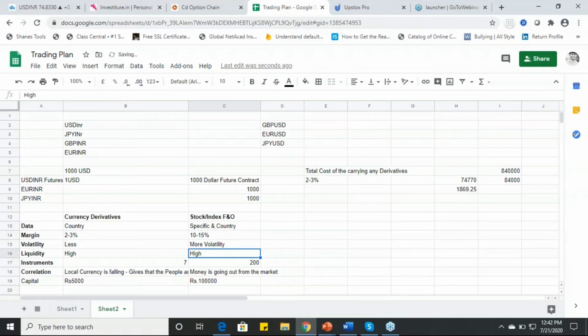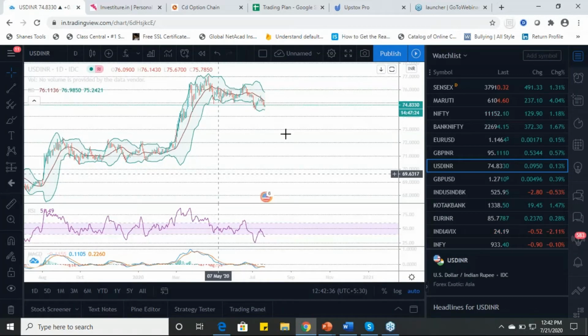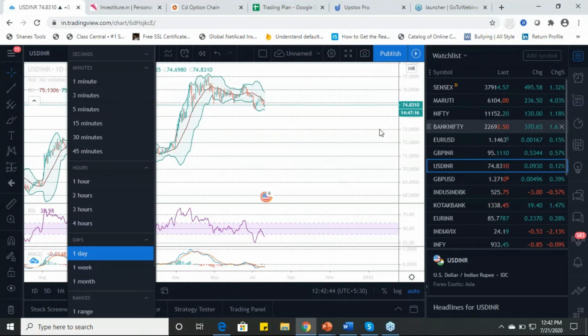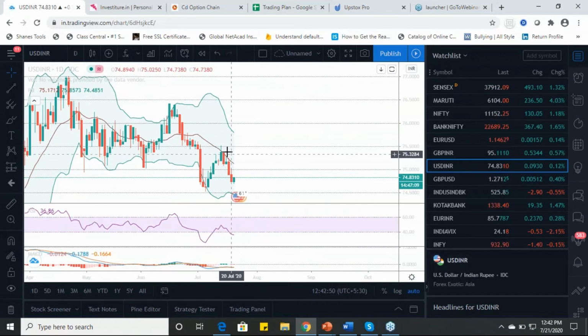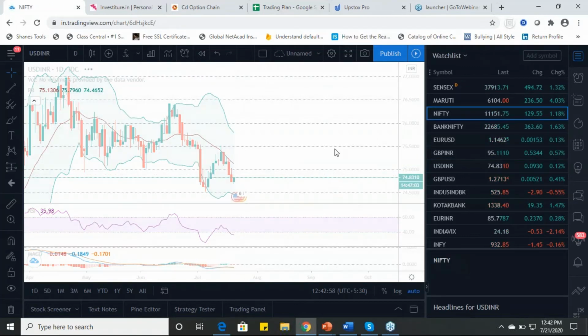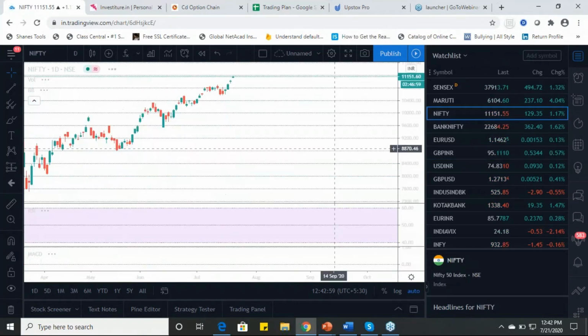I'll show you something more about how it's interrelated to each other. So that's the currency thing. As you can see today, the currency is falling and the Indian market is rising at a very fast pace. For the last 5 days, the currency has been falling and for the last 5 days, the Indian market has been on a rising trend.